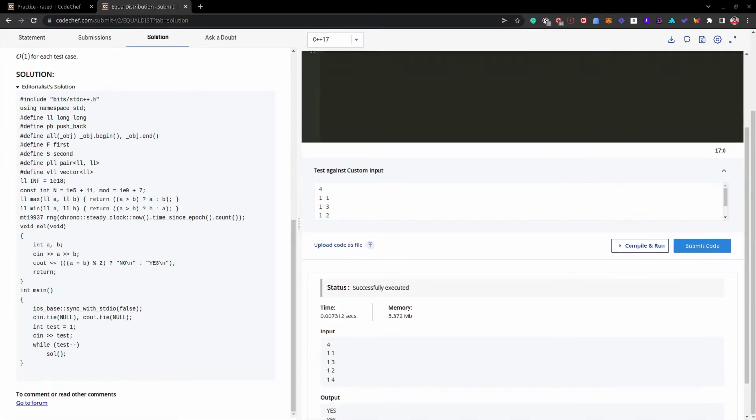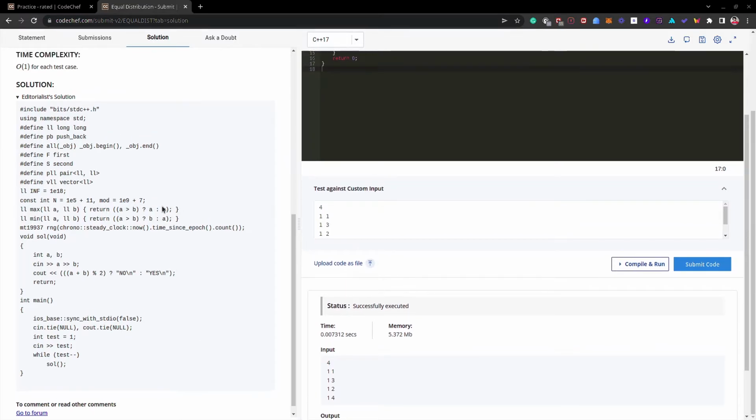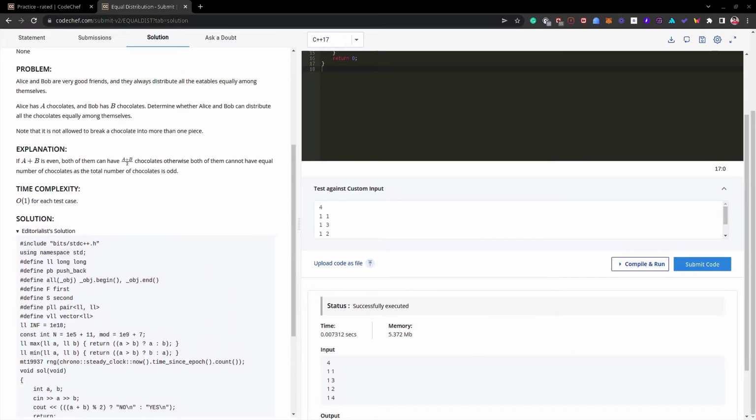Let's check the code again. Okay, now it's all yes. Nice. This one is a part of your solution.